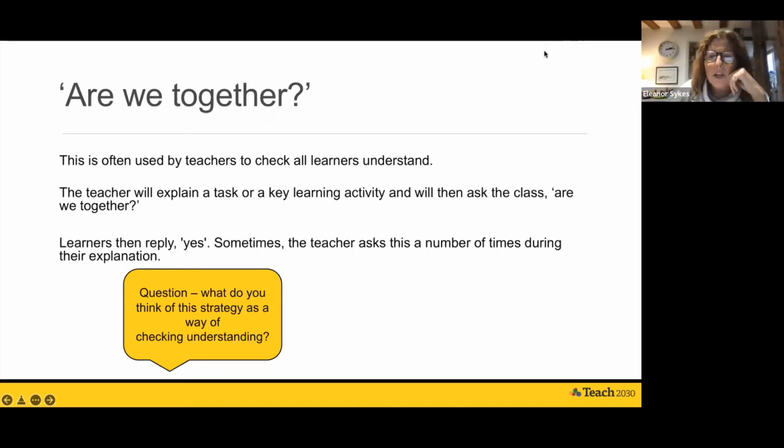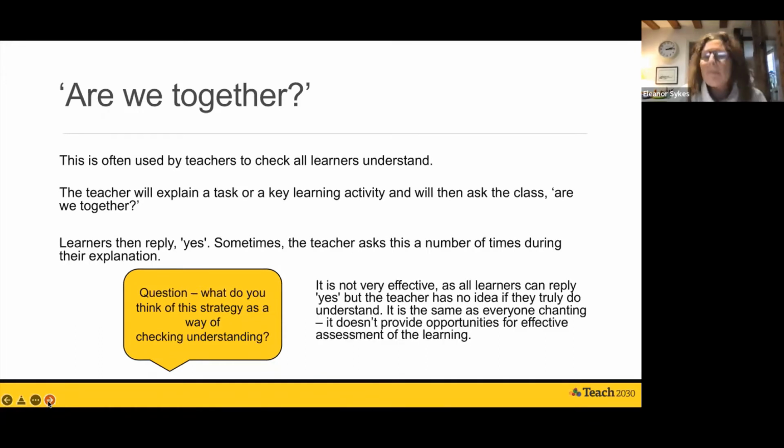Absolutely, Chika. Thank you so much for your contribution today. Saying "are we together" like that, it seems as if it's a way of checking that the learners understand, but you're right. They either might be too afraid to say they don't understand, or they're so used to just chanting yes along with everybody. But the teacher doesn't really know. I see this strategy in use a lot in classrooms.